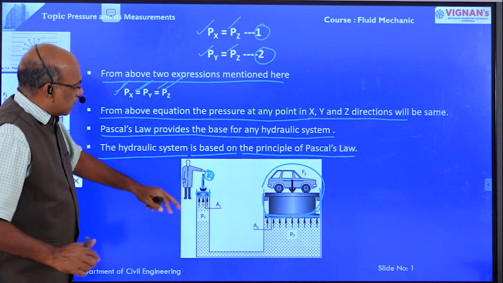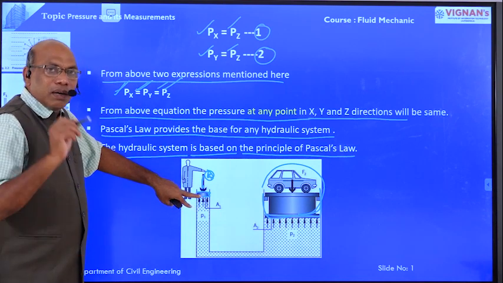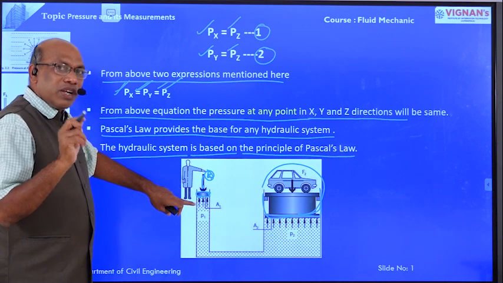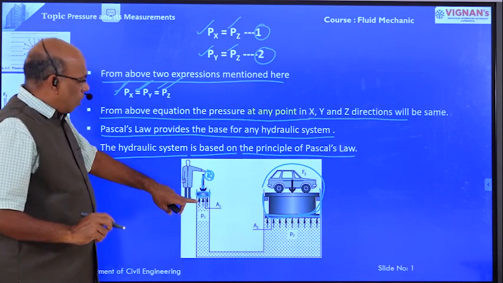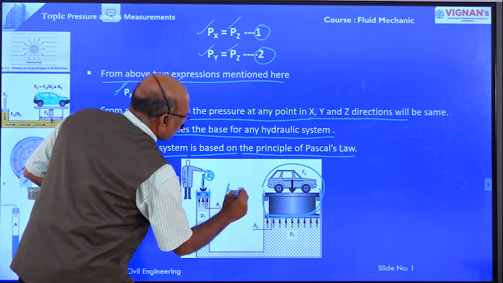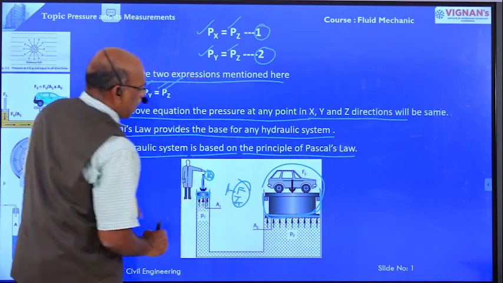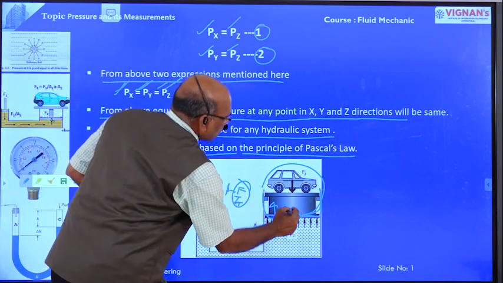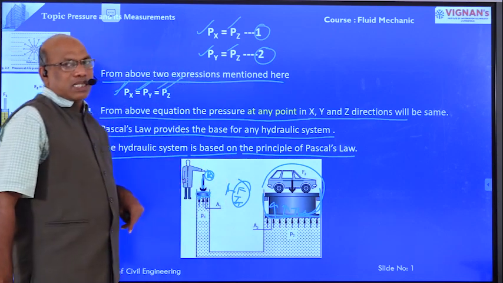That means, based on Pascal's law, the pressure is equal in all directions. Because of this area, the intensity of pressure is equal to force by area. The same pressure intensity is applied here also. That is the purpose of Pascal's law.